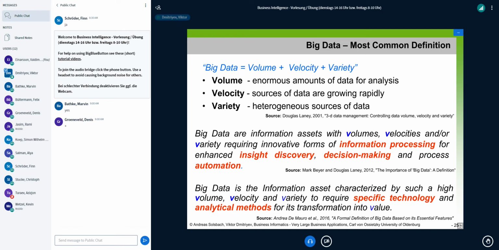And what is also important here are two aspects that are not part of the definition, but still are there: the players, the technologies, special technologies, and analytical methods. I already mentioned technologies. Just remember the previous slides, where I mentioned concrete technologies used to tackle a particular problem, like data ingestion.